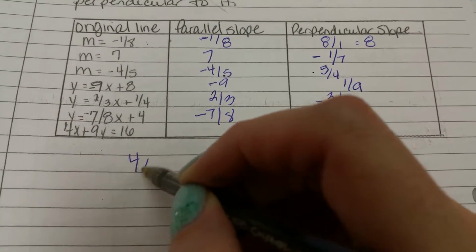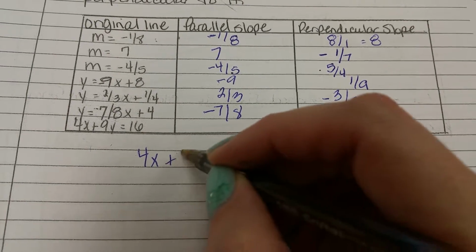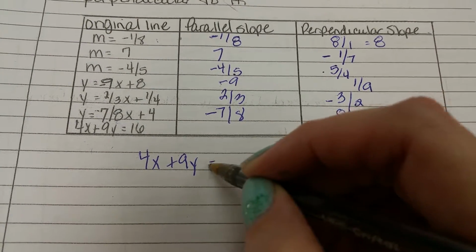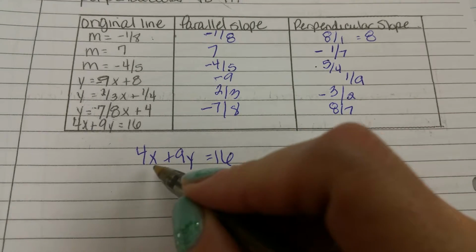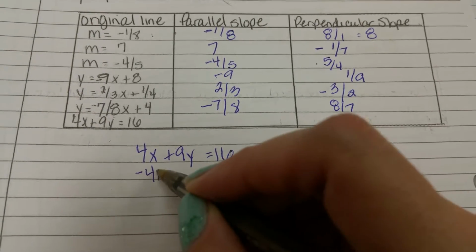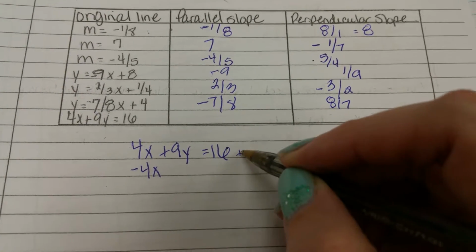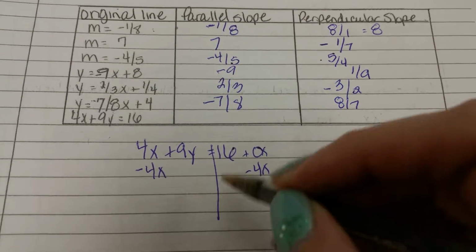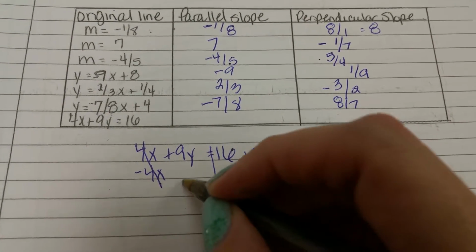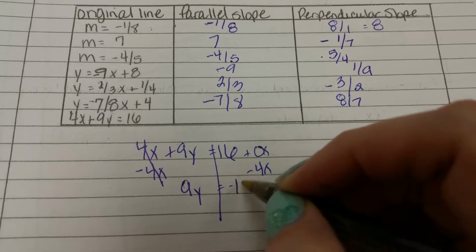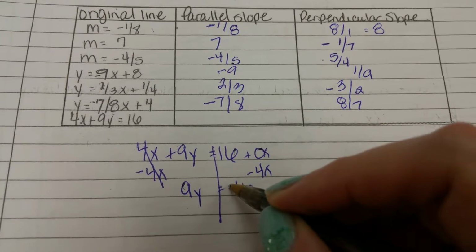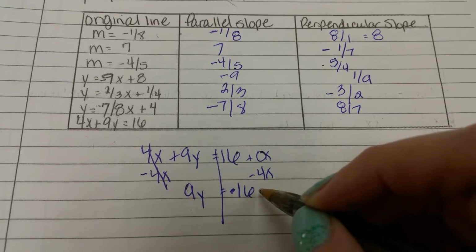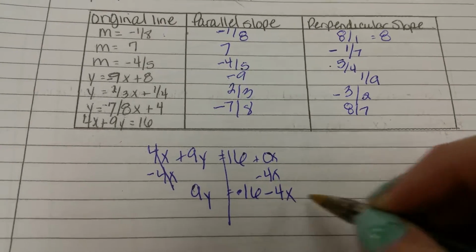Now down here, this is in standard form, so I can't find a slope like that, so I have to solve the equation, get y all by itself, get it into slope-intercept form. So I do that first. I'm going to subtract 4x from both sides. I'm going to put my 0x in here so I know where to subtract it. 9y equals +16, ignore that, minus 4x.